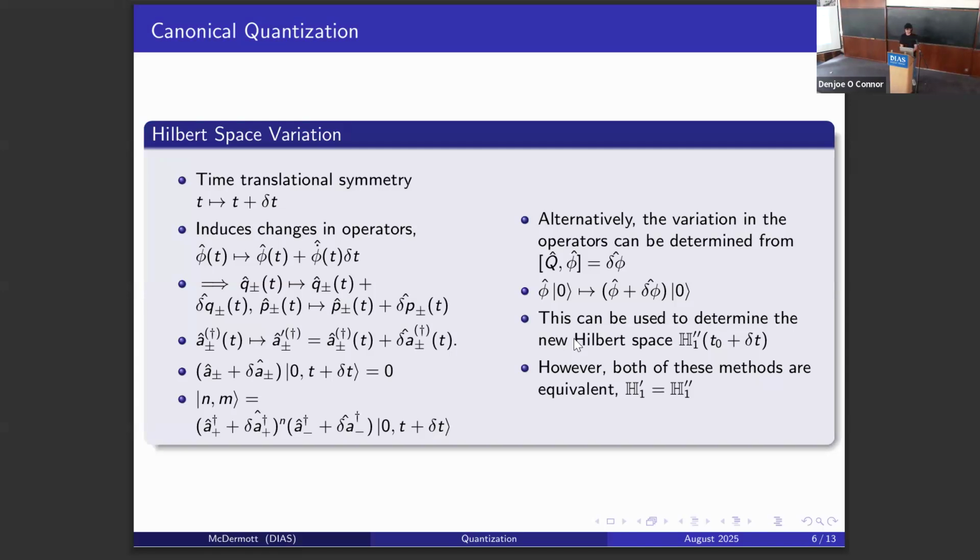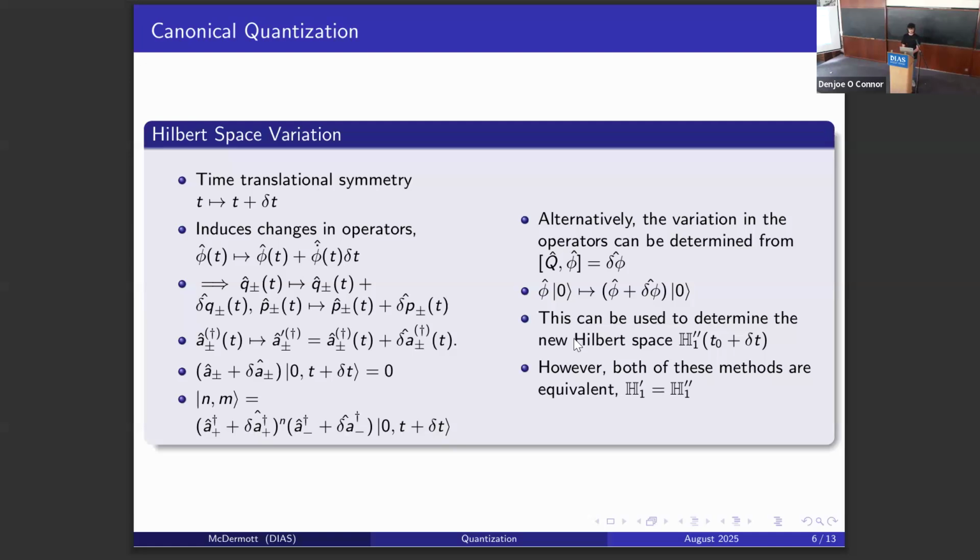But these variations are exactly the commutator between our Hamiltonian and our original creation and annihilation operators. So these are two different ways we can look at the variation of Hilbert space with time, but they're both identical, they're both equivalent.